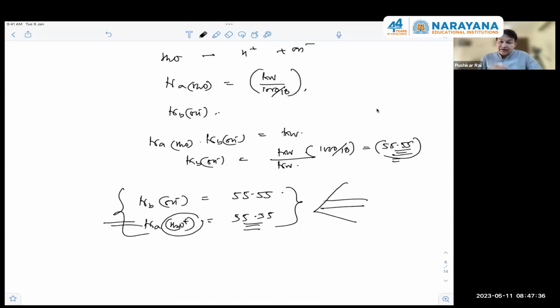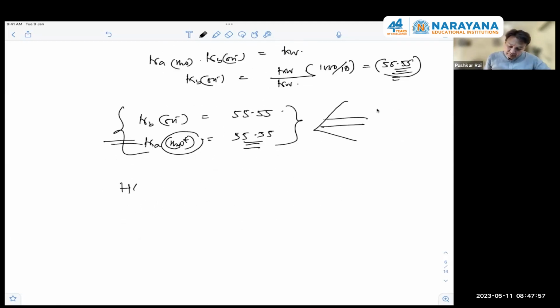Another phrase is there. These are theoretical questions. Any acid which is stronger than H3O plus will be considered 100% dissociated. No question about it. Okay. Can you name a few acids? Yes, I will name them. HCl, HNO3, H2SO4, these are acids stronger than H3O plus.